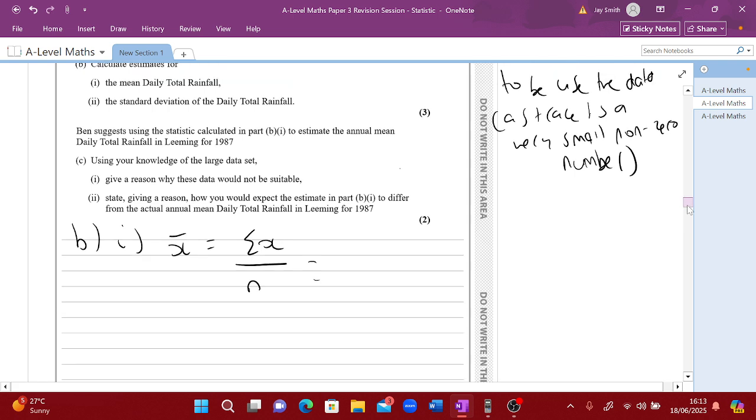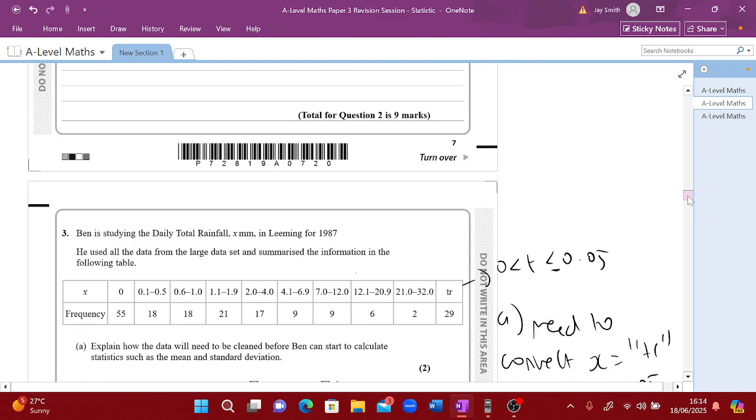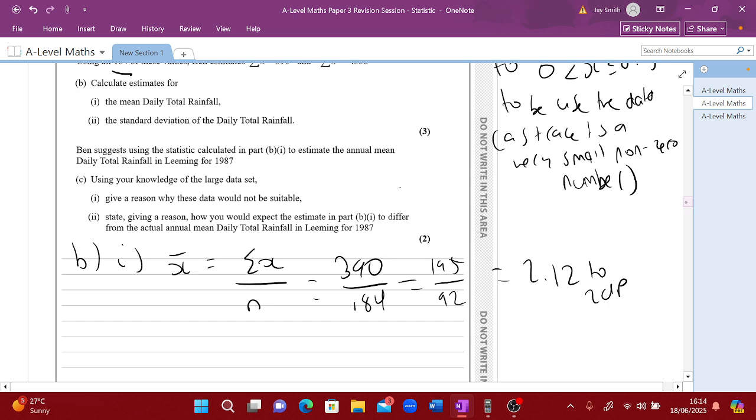So the sum of x is 390, and the n was given to be 184. So that would go to 195 over 92, and that I guess would be 2.12 to 2 dp, in millimeters, because it's rainfall, isn't it? Yeah, x millimeters.